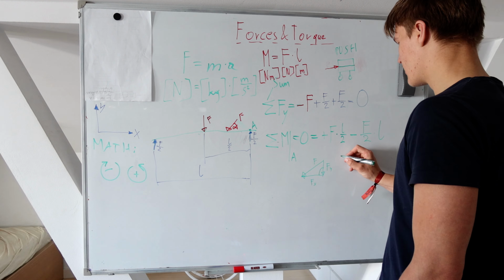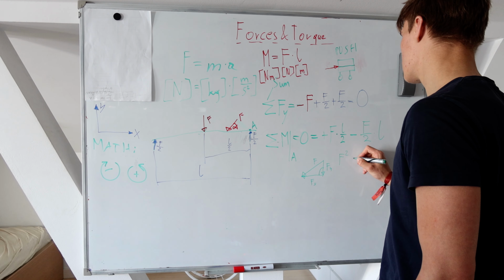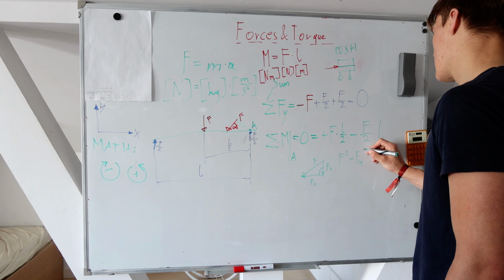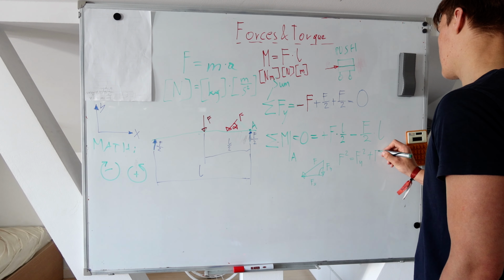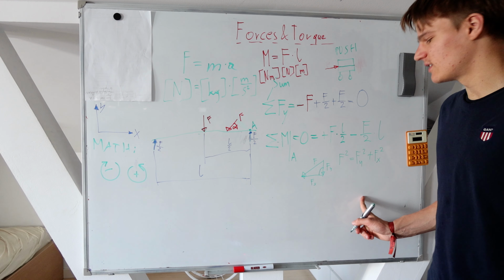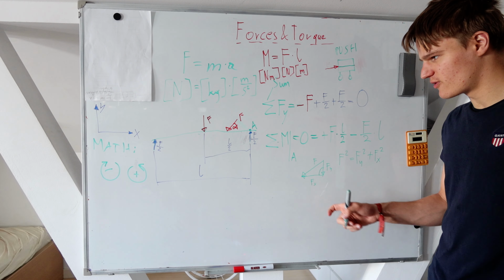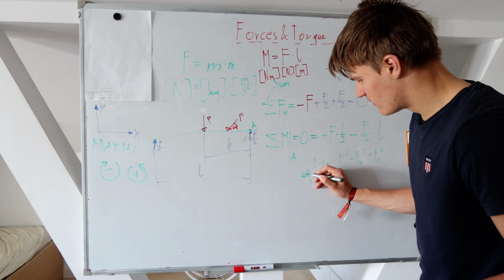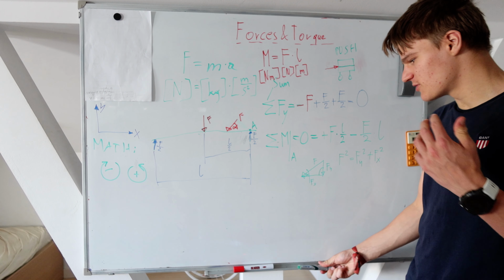What you guys might already see is that F squared is Fy squared plus Fx squared, right? So this is also a kind of formula that we have for the forces. And of course you can find the angle alpha in here. So this is how this works.